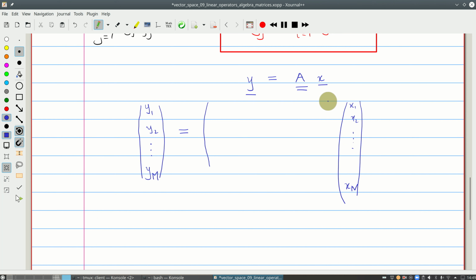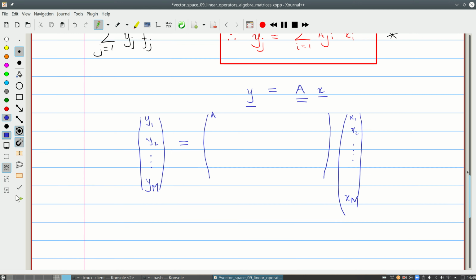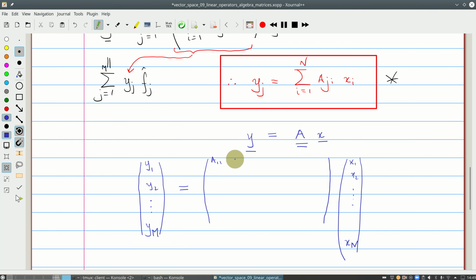That means that my matrix A is going to be rectangular: A11, A12, all the way to A1n, A21, A22, all the way to A2n, and this goes down to Am1, Am2, all the way to Amn.